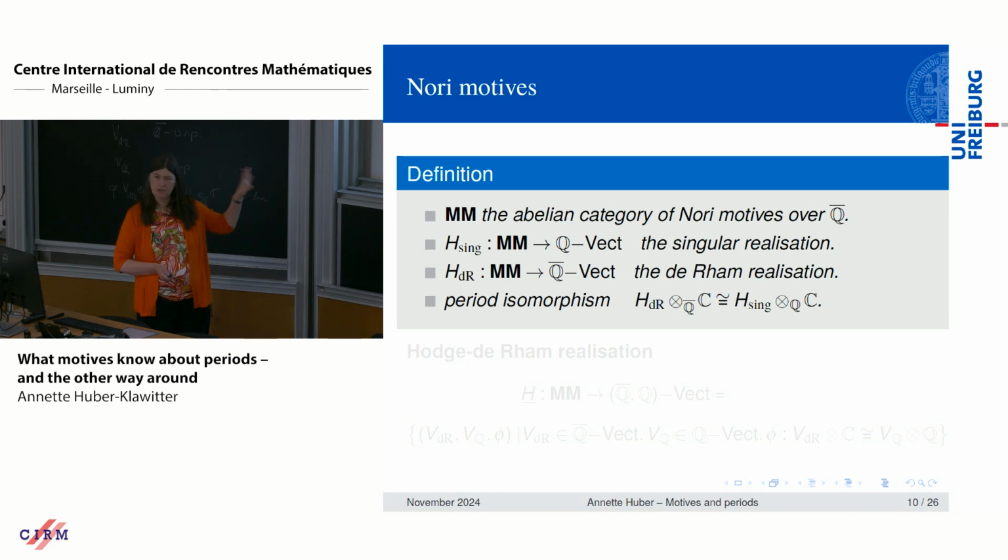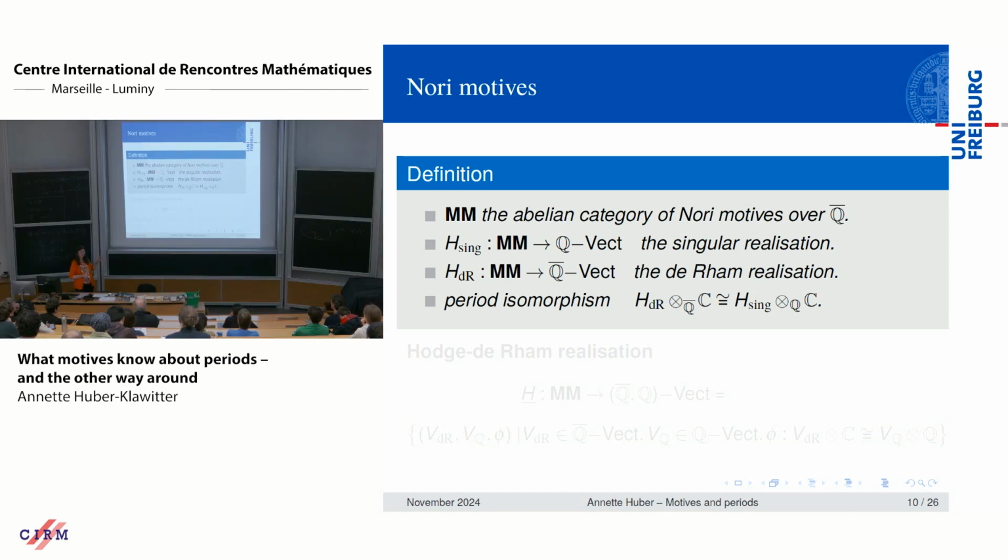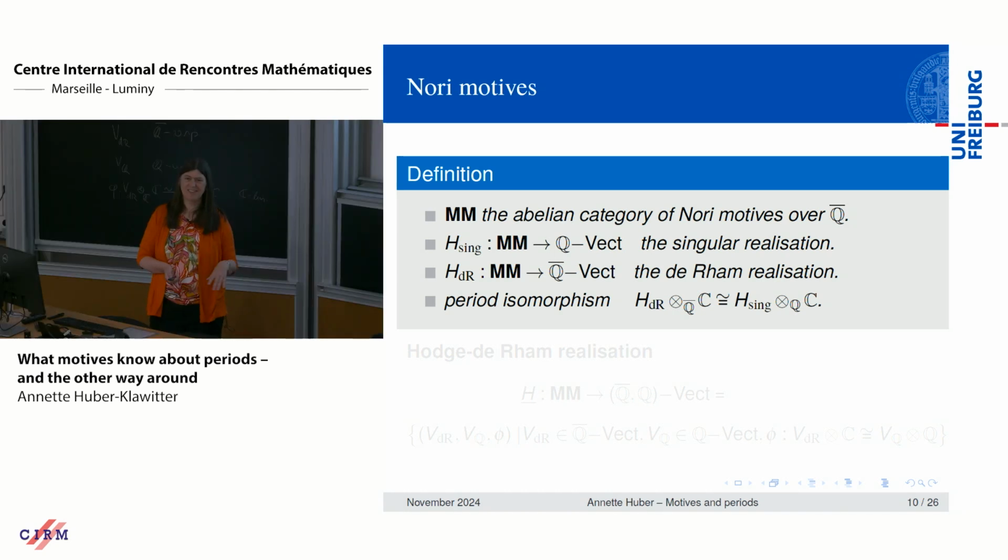So in my definition, the variety was not assumed smooth. But it also doesn't matter so much. If you restrict to smooth varieties, if you do things right, you get the same numbers. But smooth varieties are in the picture, yeah. So in this setting of Nori motives, it's not important whether the variety is smooth or not. It's more important whether it's affine or not.